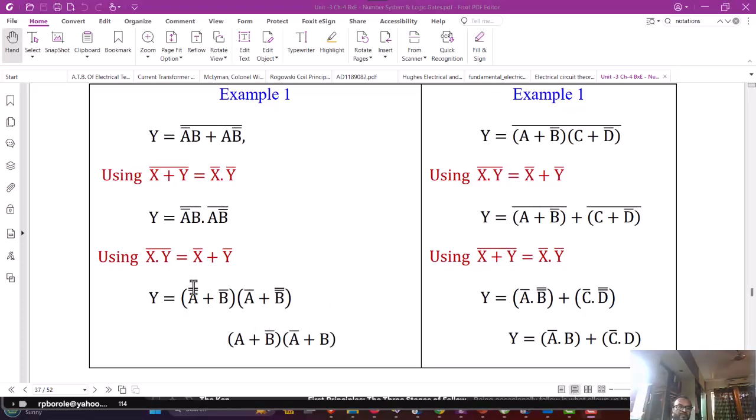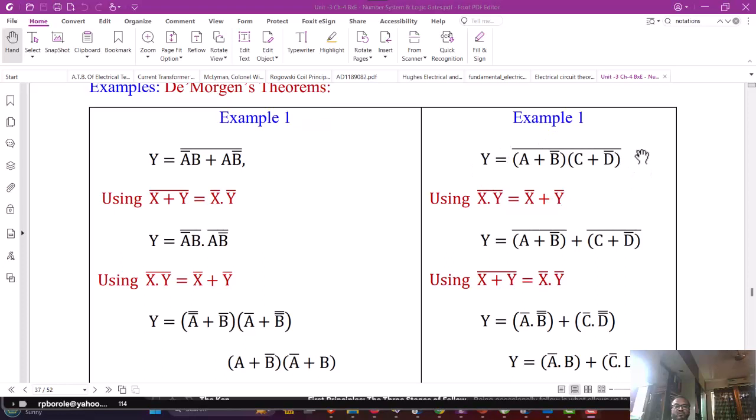Now simplify further. Complement of complement is the same variable. So A complement of complement is A itself, then B bar itself, then A bar here, and B double bar means B complement of complement is B, and therefore we have a simplified expression here.